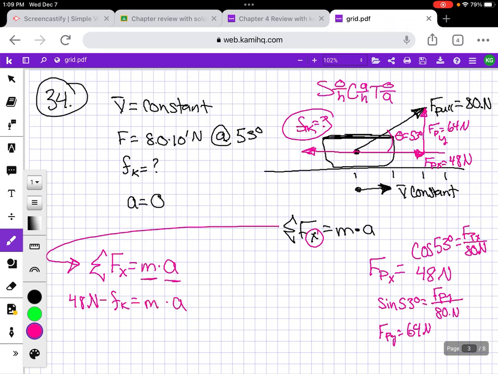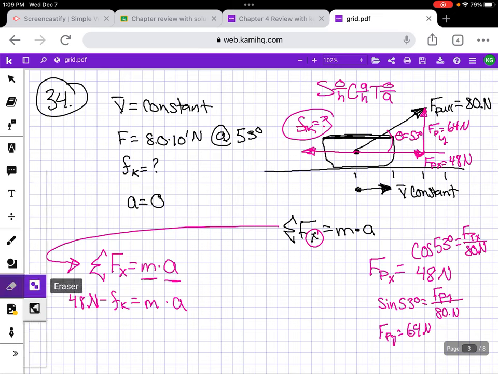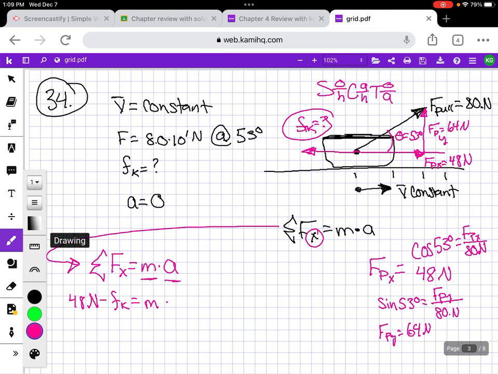I don't know mass, right? And that might have thrown some of you off. But remember, if acceleration is actually 0, does it matter what mass is? No, that is 0. So let's keep solving. We've got 48 newtons. A lot of you might see it already. Is equal to 0.